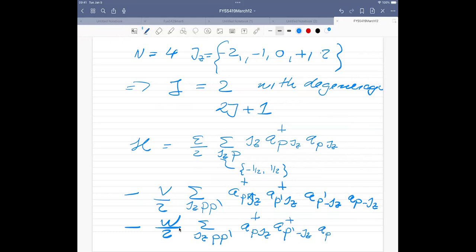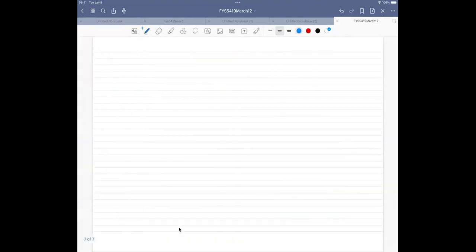And then it has an AP prime, and this has a JC, and this has an AP of a JC. Now, what this is doing, if I look at the first term, and I now pick a specific state, and suppose now that we have filled in particles here, so this is P equal 1, 2, 3, and 4. We have a spin down and a spin up, and P here, and P there.